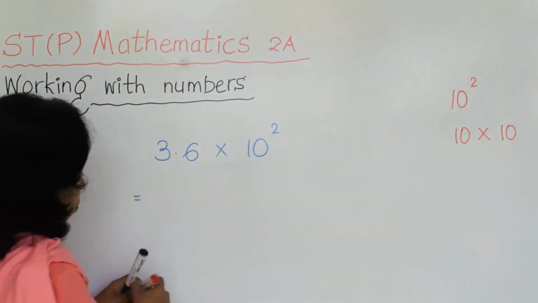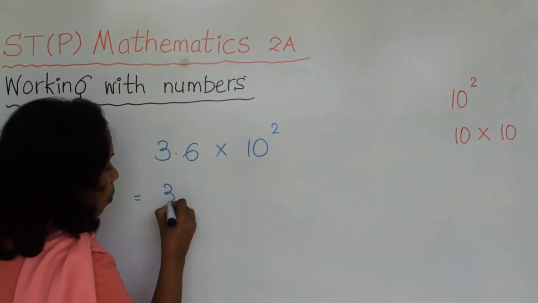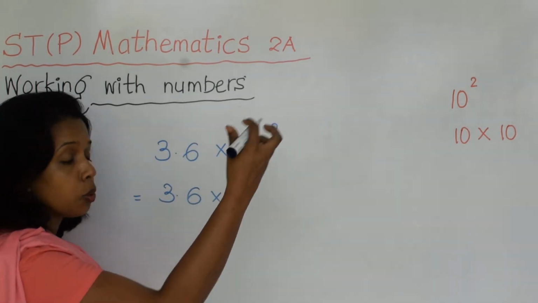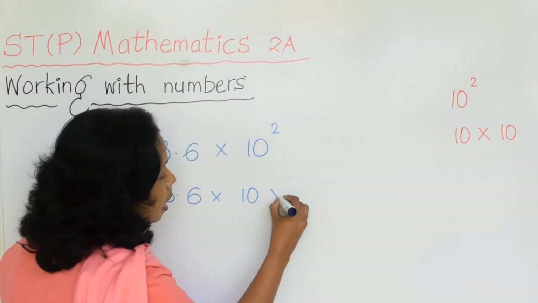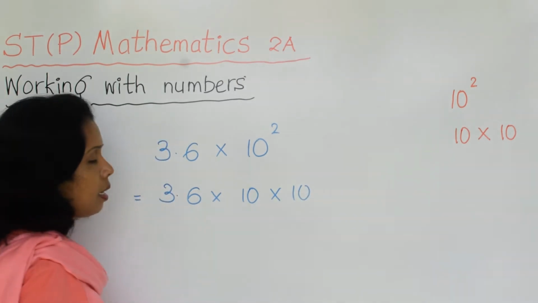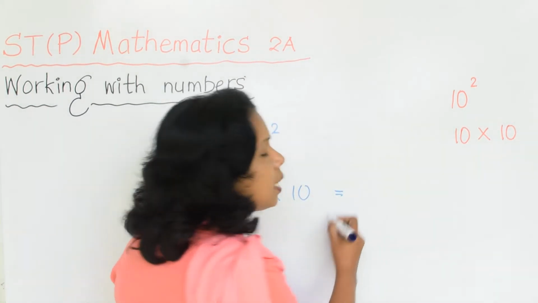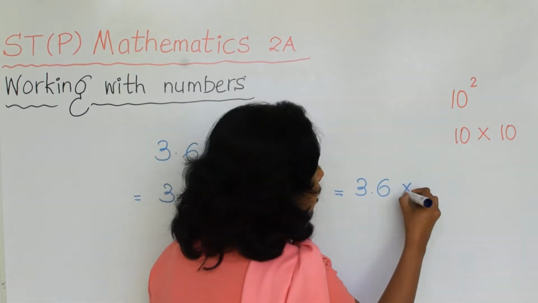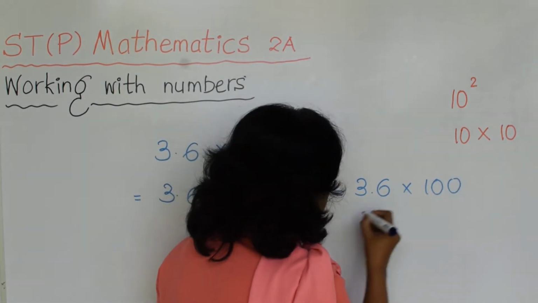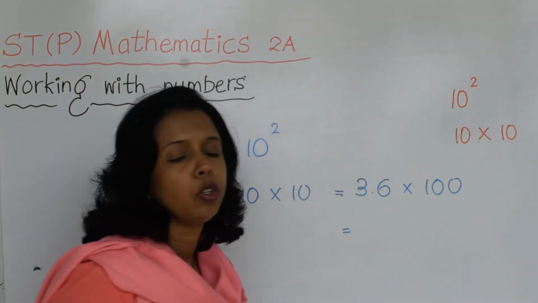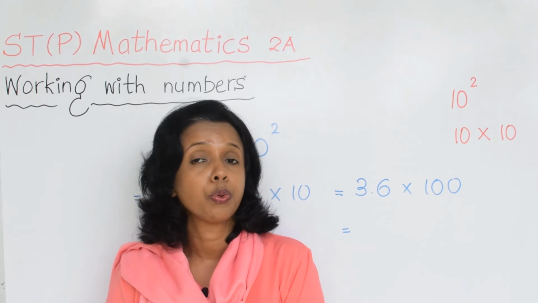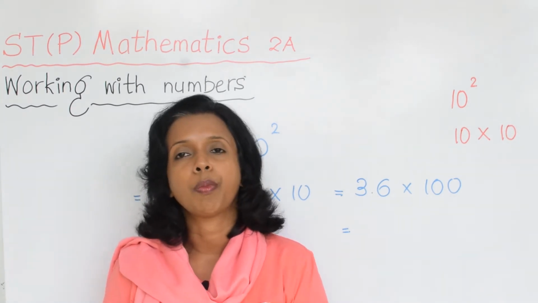So how do you write this? 3.6, instead of 10 to the power 2, I can write 10 times 10, right? 10 times 10, what is the answer, children? 3.6 times 100.